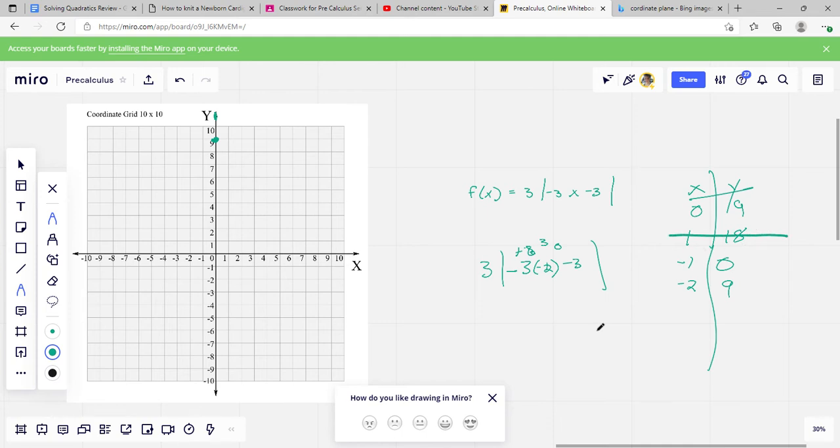We can't graph that. That's too high. If x is negative 1, then y is 0. That's all the way down here. If x is negative 2, y is 9. So that's all the way up here. So that is a crazy looking slope. Very big.